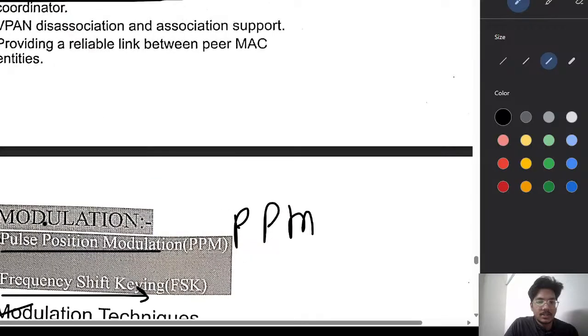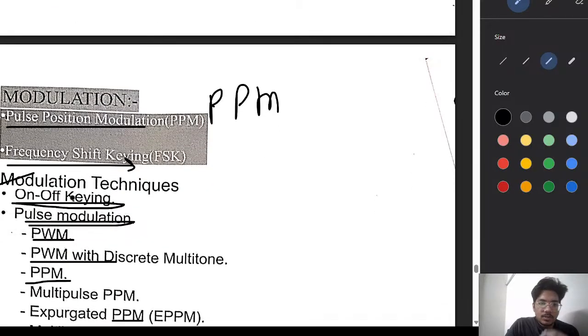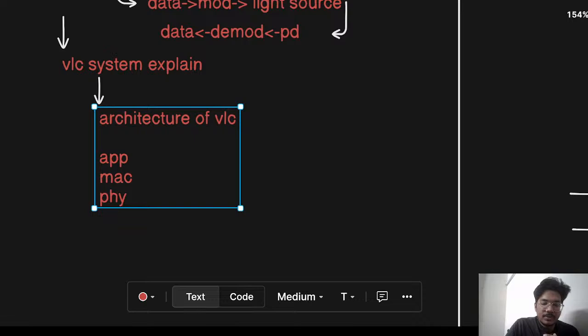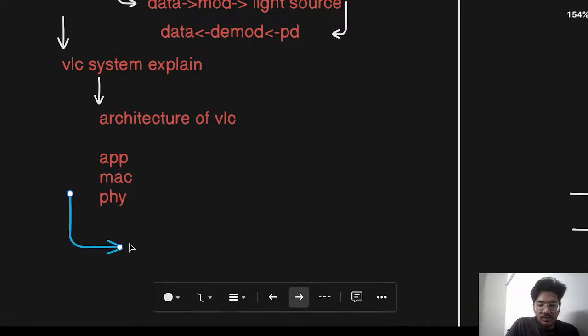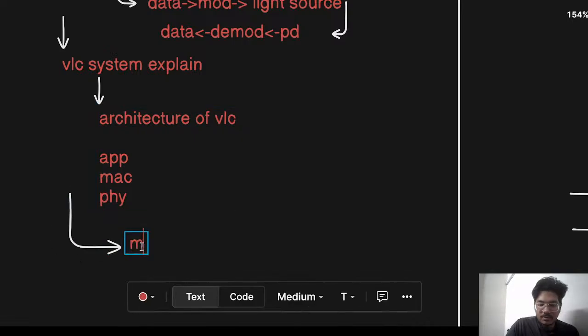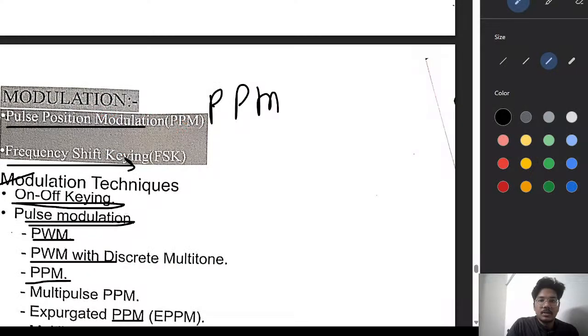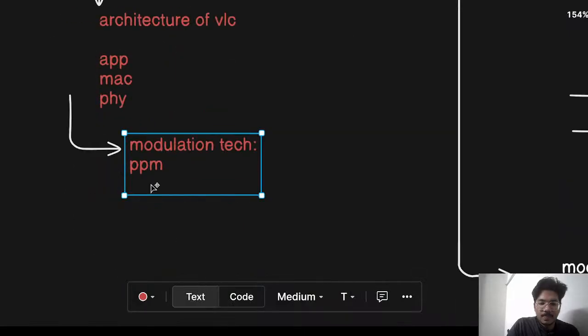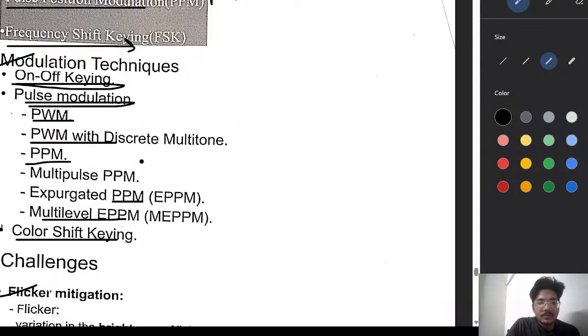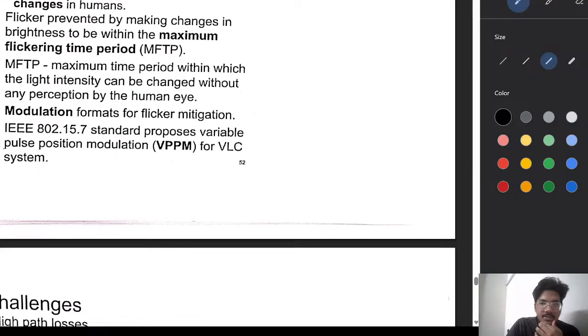Then we see the modulation techniques, PPM and FSK.